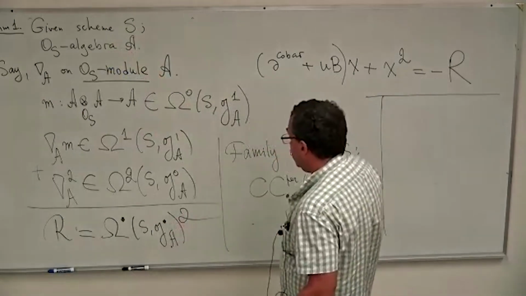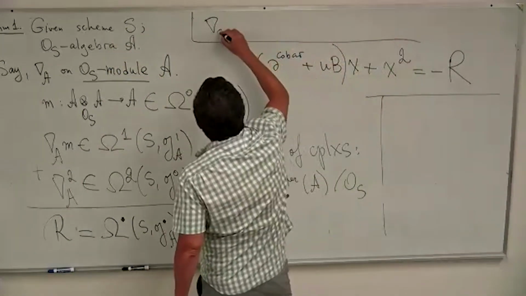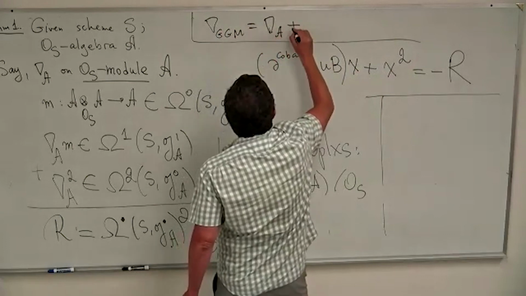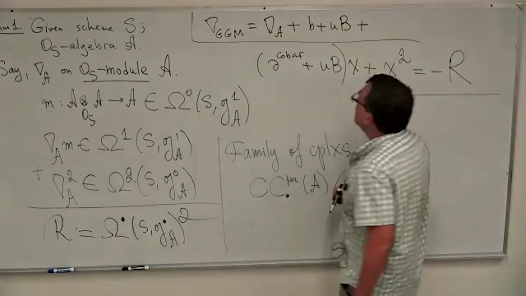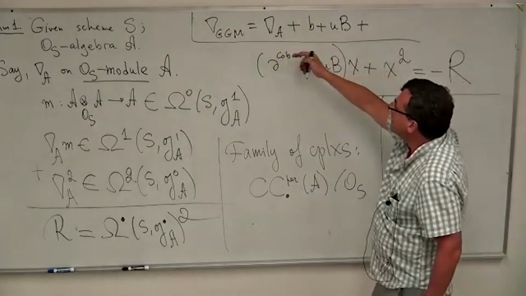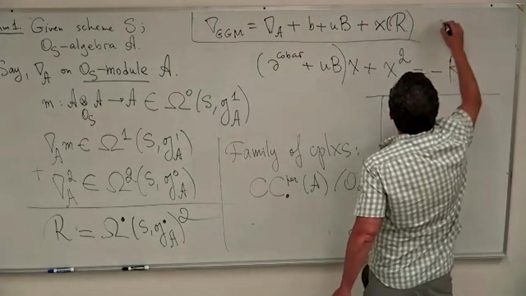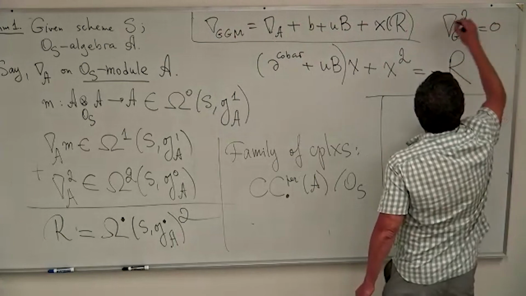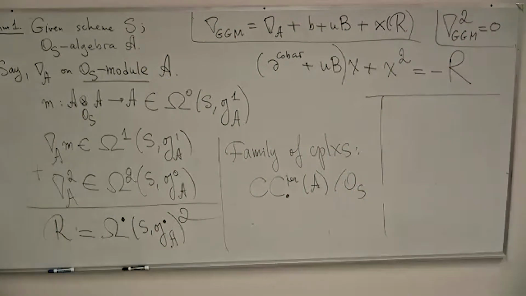So you have a family of complexes, and then you have this, but I mean, this is not a flat thing, but this is how you flatten it by adding this term.